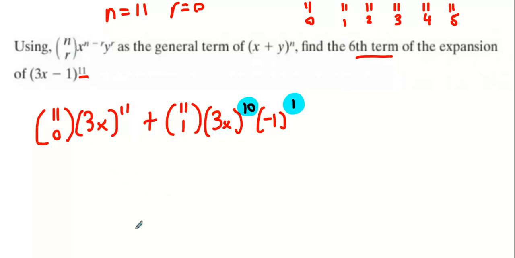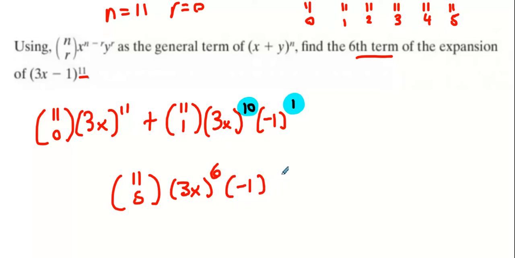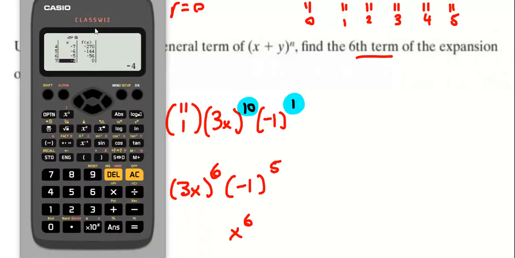Okay, so you put 11c5. Then you take the two numbers away from each other, and you get 3x to the power of 6, and they both have to add to 11. So minus 1 to the power of 5, right? You know it's going to be an x to the power 6, and then you ignore the x and you put everything else into the calculator.